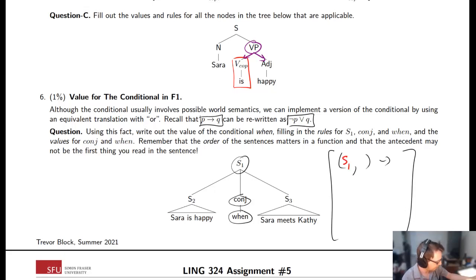If we have S2, S3, the first one is S2. The second one is S3. And that order is consistent. So when you're figuring out the truth table for this matrix, S2 is on the left, S3 is on the right. Keep that in mind when you're figuring out 1, 1, 1, 0, 0, 1, and 0, 0, and which one is true and which one is false. That's my hint for that one.